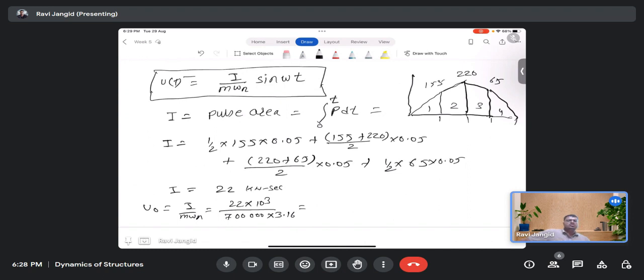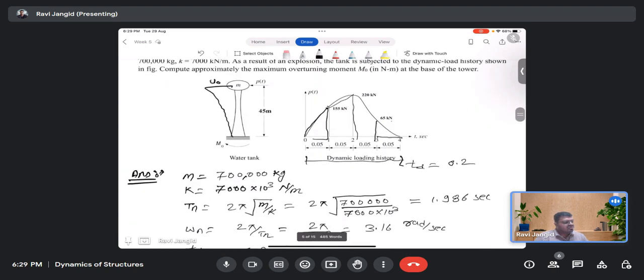Anyone with the maximum response? It is 9.93 mm. Yeah, I am getting 9.945 into 10 raised to power minus 3 meter, or whatever you are getting in mm. Now I have the displacement.